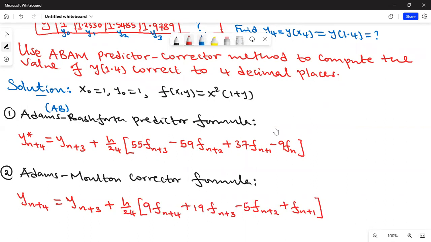So we are iterating. You write for n equal to 0, 1, 2, etc.